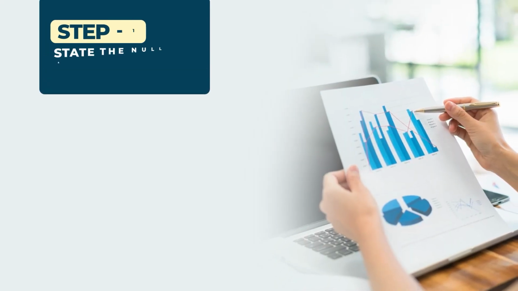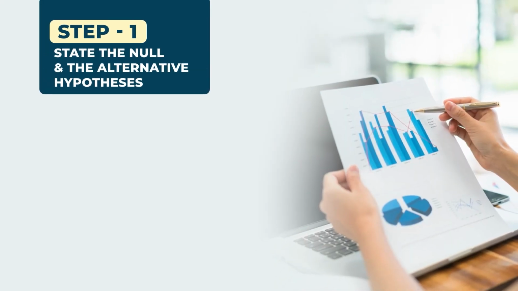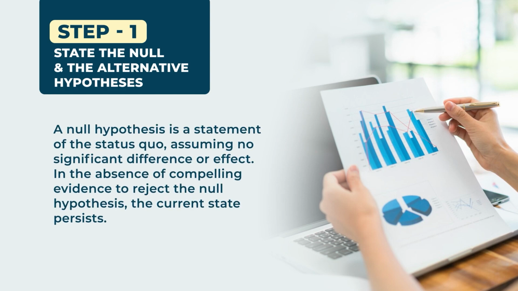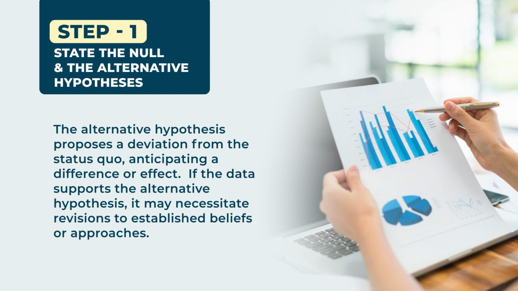The first step of hypothesis testing is to formulate the null hypothesis and alternative hypothesis. As we have discussed earlier, a null hypothesis is a statement of the status quo, assuming no significant difference or effect. In the absence of compelling evidence to reject the null hypothesis, the current state persists. Conversely, the alternative hypothesis proposes a deviation from the status quo, anticipating a difference or effect.